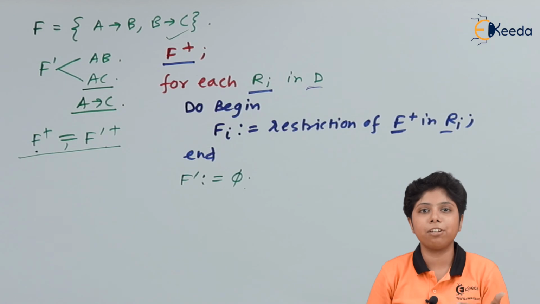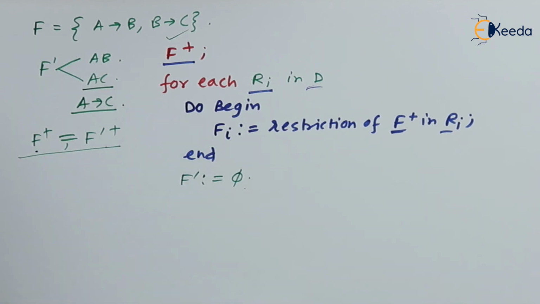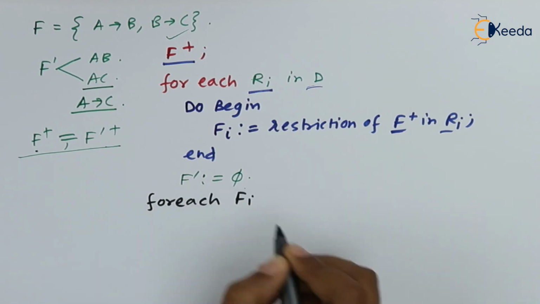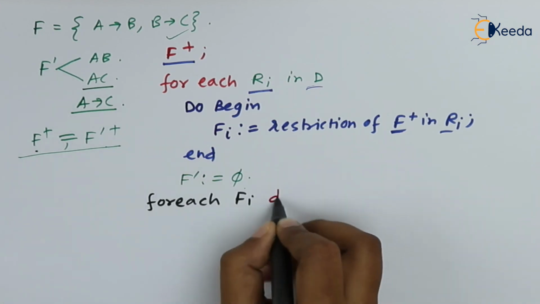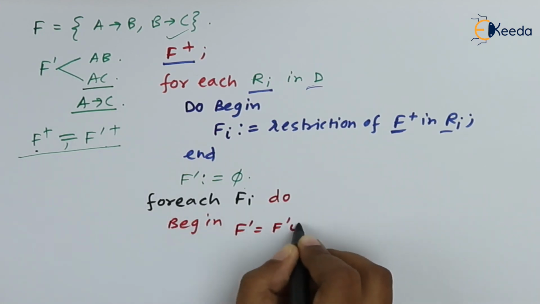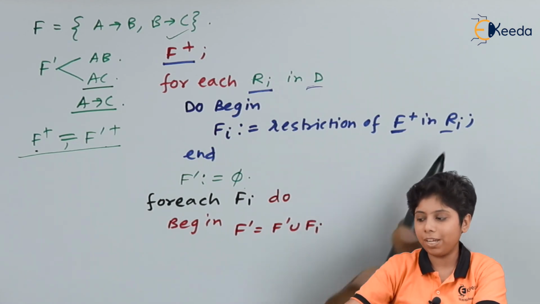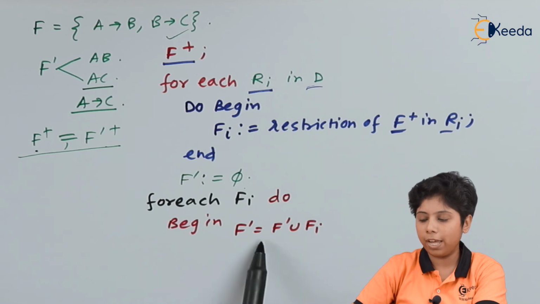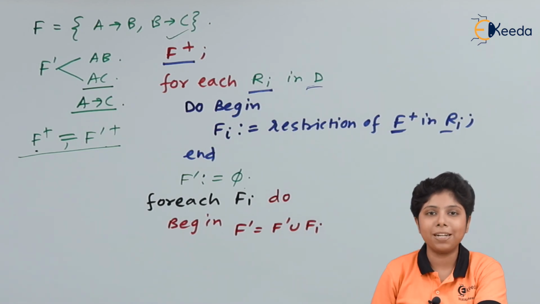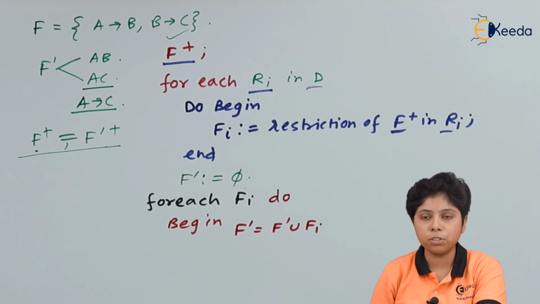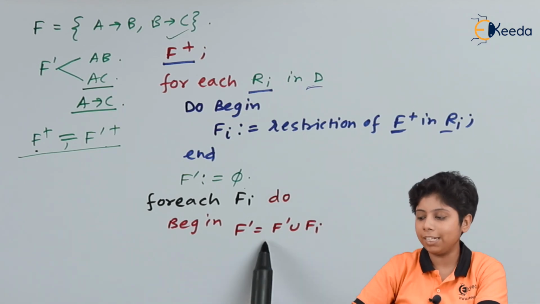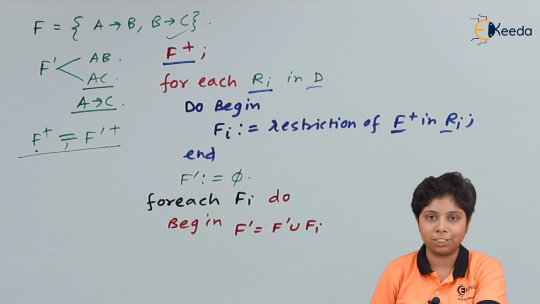That is, we are calculating the closure of the decomposed relation. We add the restrictions that we have in Ri into F dash, that means all the dependencies preserved in Ri, we are adding to the closure F dash.